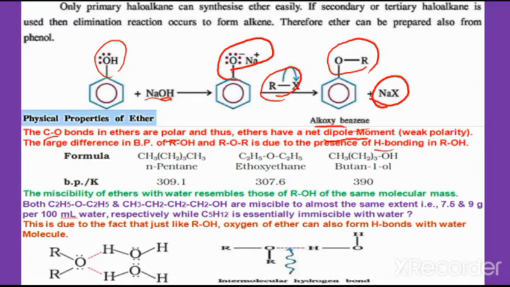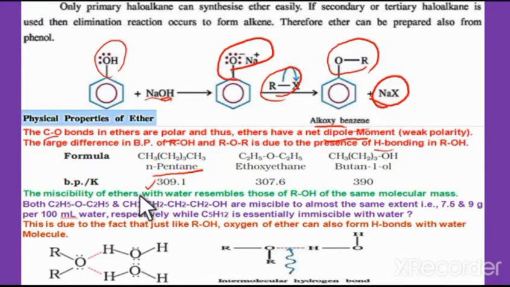Here, in the comparison of alkanes, ethers and alcohols, n-pentane, ethoxyethane and butan-1-ol have almost similar molecular masses.